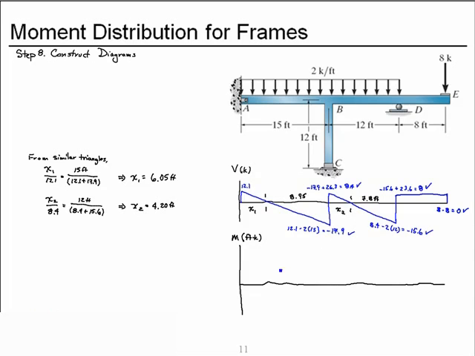So now to begin constructing our moment diagram. We know that at the pinned end A, the moment starts out at 0. We have a linear shear diagram, so we'll have a quadratic moment diagram starting with an initially positive slope that gradually decreases to 0, so we'll reach a relative maximum positive moment here at this point, and then it will decrease and become negative to that point.